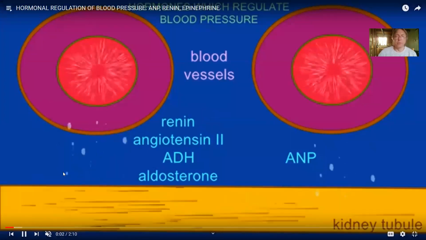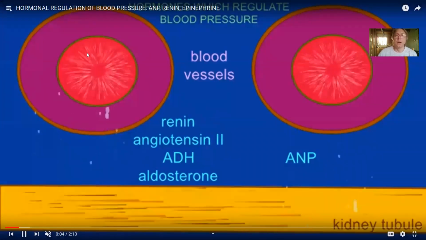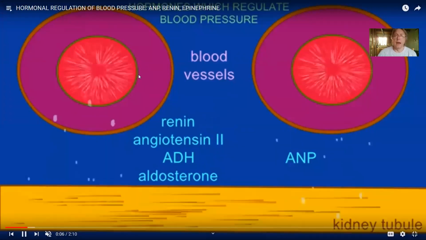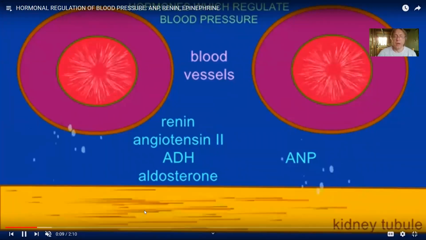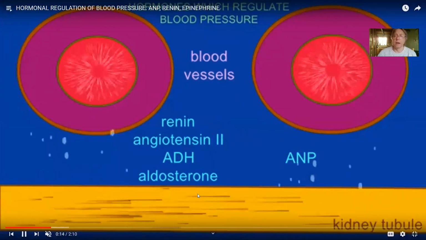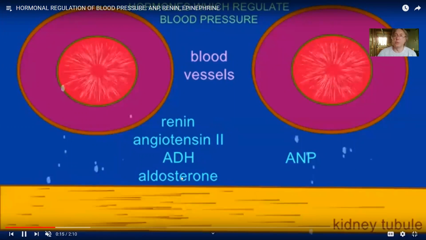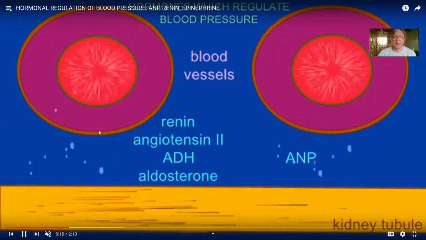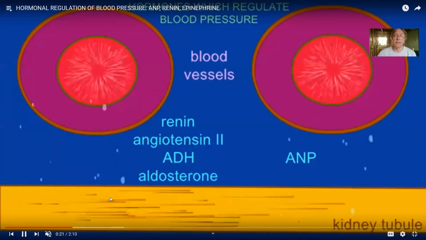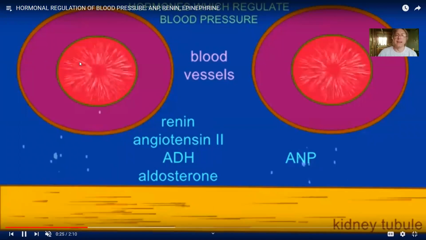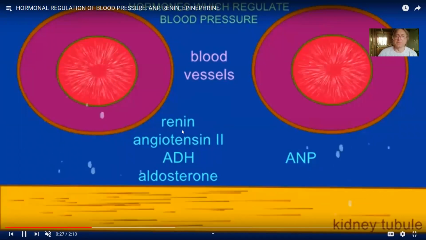As kind of a review, here are two depictions of fluid. There is not only fluid plasma in the vessels, but then here's a kidney tubule, and there is fluid there. And the important thing is to have this fluid in the proper balance. When you're dehydrated, you want fluid to move from this direction, to be reabsorbed from the kidney tubule and to end up back in the blood plasma.